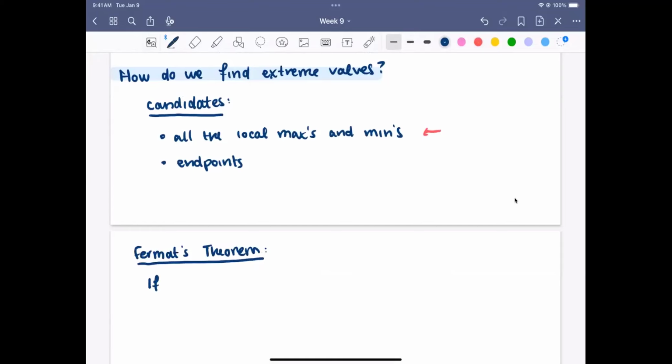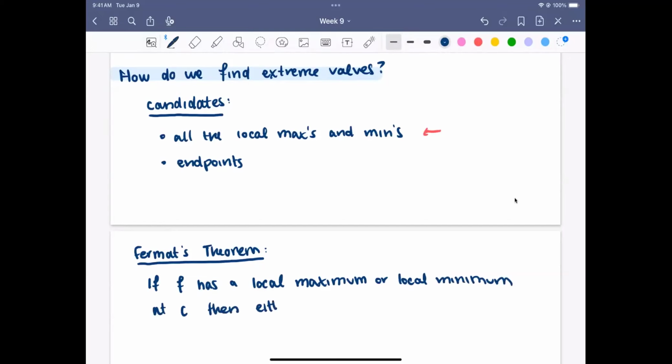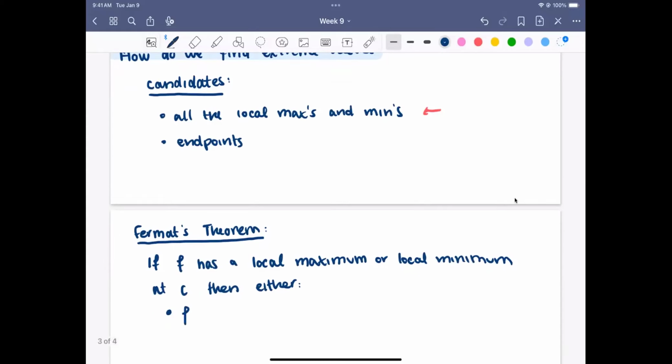So if a function f has a local maximum or local minimum at some number c, then there are two possibilities. One is that the value of the derivative at c is equal to 0, or the value of the derivative does not exist.